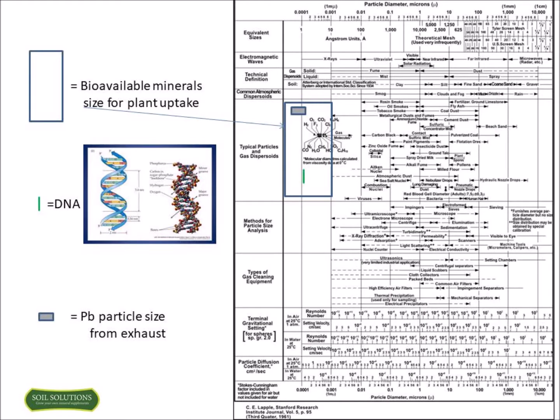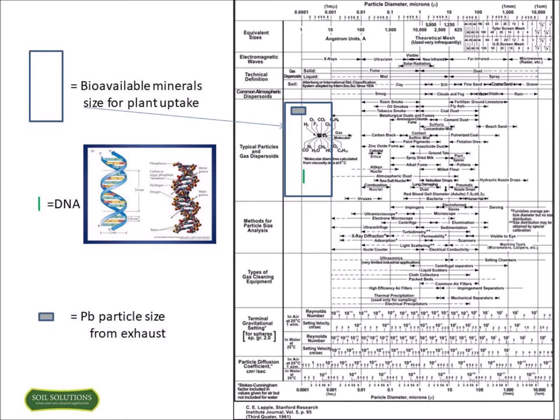Plants are amazing. The particle size that a plant is capable of taking up is so small, but it's the building blocks for DNA. On this chart here, you can see the window of plant bioavailable mineral uptake size for plants. And you see the relationship to DNA, the double helix.